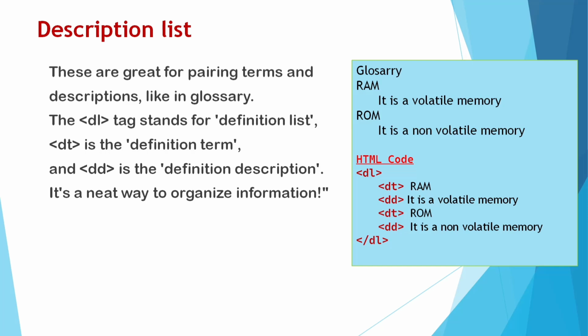To create a description list we use the DL tag, and inside DL we use DT and DD tags. DT is to specify the definition term and DD to specify the definition description. DT and DD are empty tags, so closing is not required.